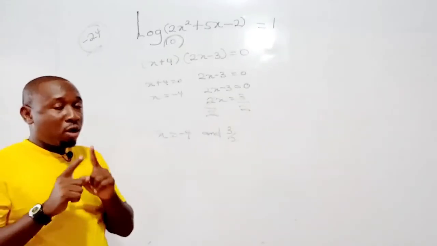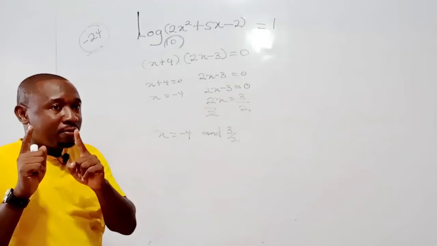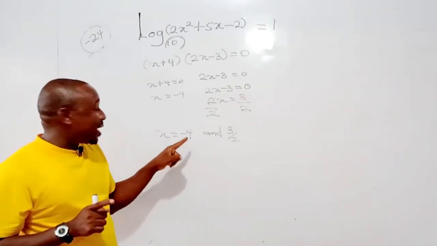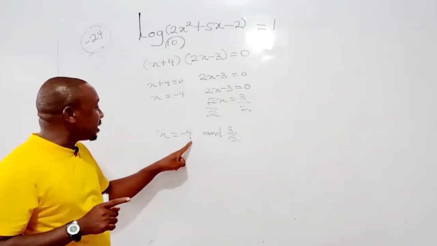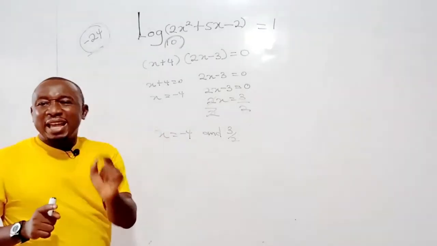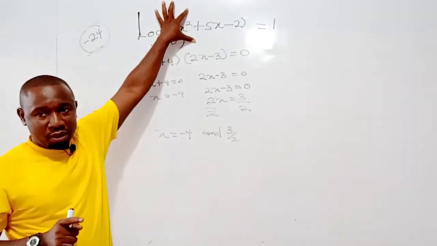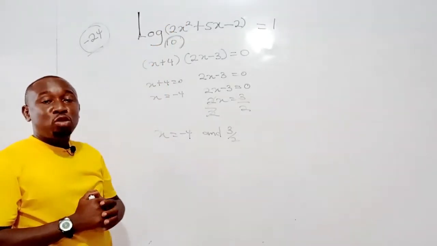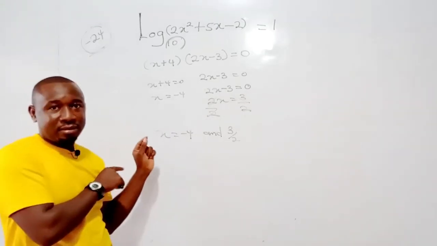Although we don't have logarithm of a negative number, let us be clear on this: the fact that x is equal to negative 4 doesn't mean that we are looking at log of a negative number. The value of x here represents a number that will make this particular equation true. That is the point. So what we need to do for now is to verify the authenticity of our answers.